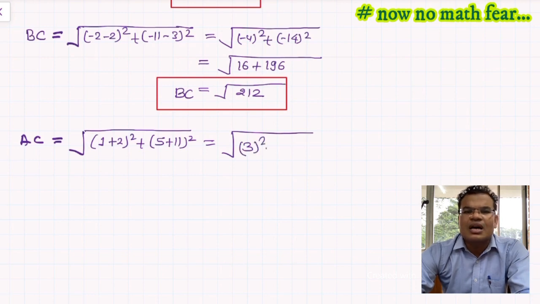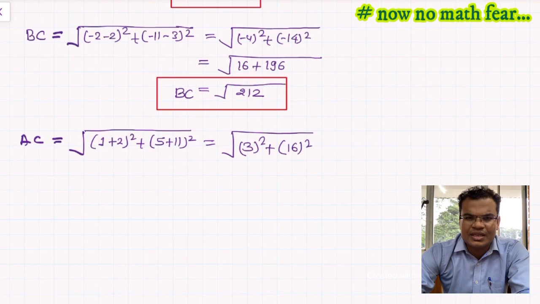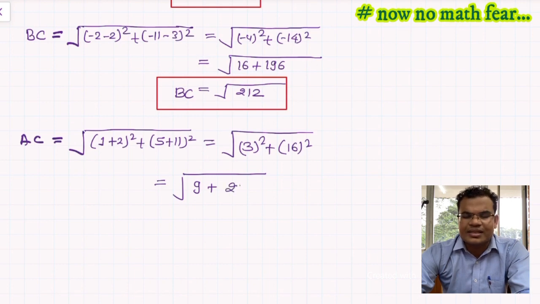This will be 3 square plus 16 square. 3 square is 9, and 16 square is 256. So 256 plus 9 is 265. So under root 265 is the length of AC.